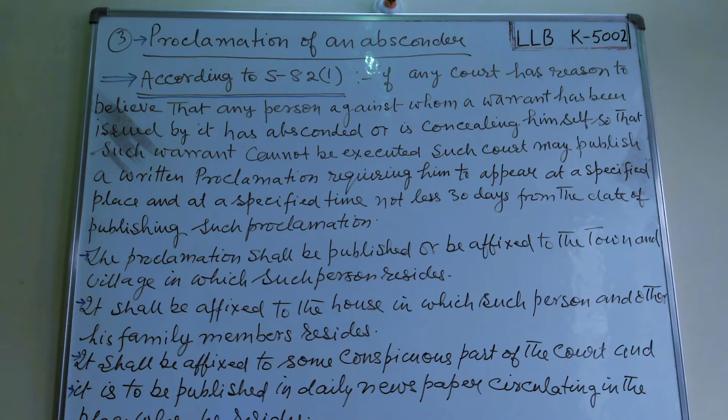According to section 82(1), if any court has reason to believe that any person against whom a warrant has been issued by it has absconded or is concealing himself so that such warrant cannot be executed, such court may publish a written proclamation requiring him to appear at a specified place and at a specified time, not less than 30 days from the date of publishing such proclamation.